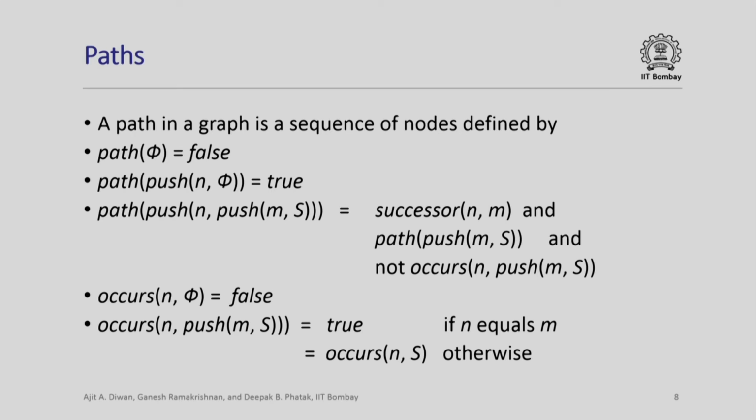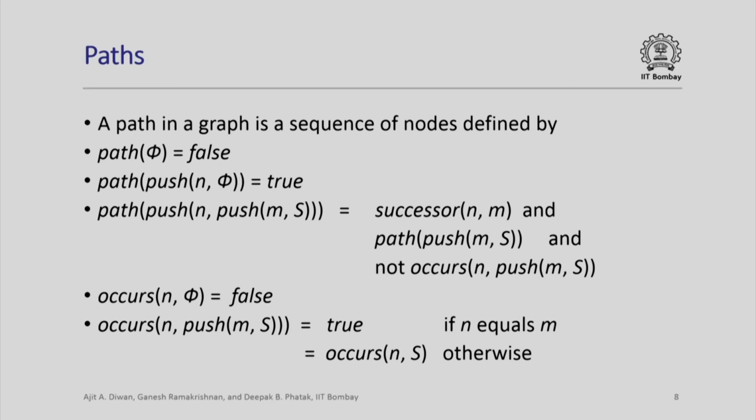A path is a similar thing. So, it is a sequence of nodes defined in a very similar way. It is false for the empty sequence. For a sequence containing a single node n, it is true. Now, here we have the extra condition. So, apart from the condition in a walk that m is a successor of n, that is, the second element must be a successor of the first element, the remaining sequence must be a path itself, and we have this extra condition that occurs n comma remaining sequence must be false.